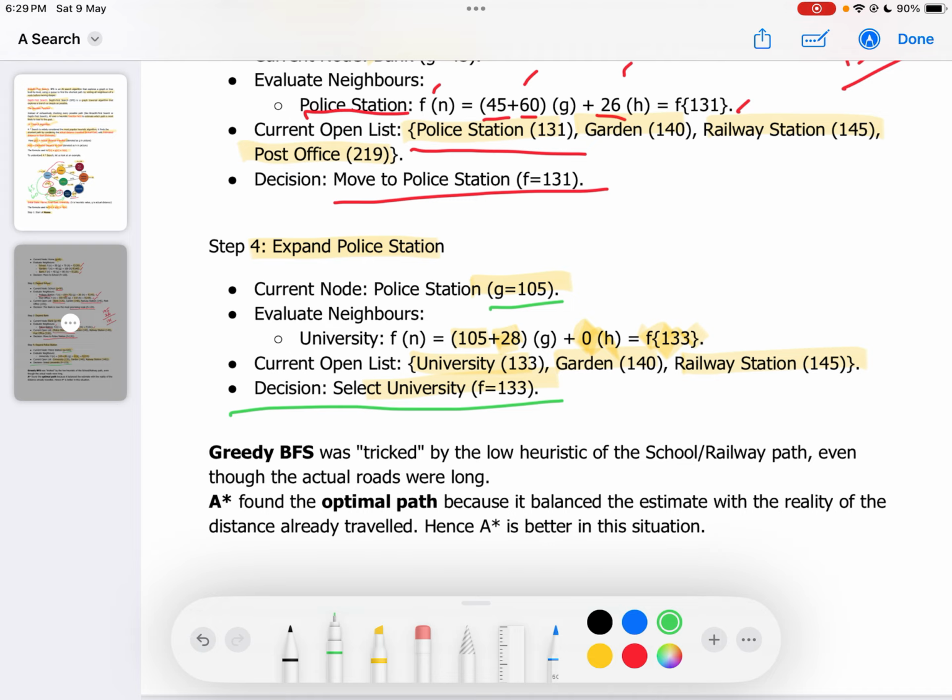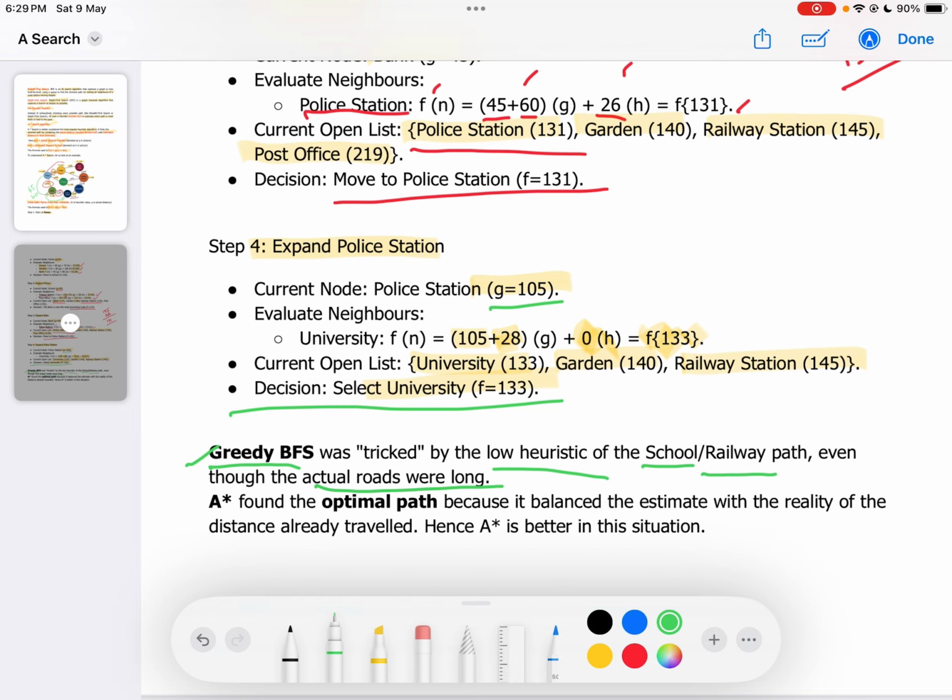One point left to understand is greedy best first search, which was driven strictly by low heuristic value. If you have seen my previous video, we took the path to school, then railway station, then university, even though the actual roads were long.